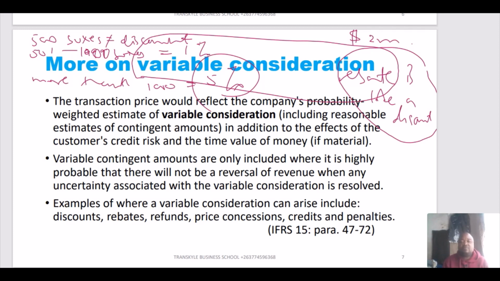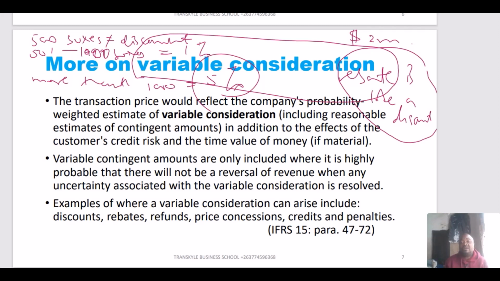Like for example, you need to first satisfy that you have bought 1000 boxes, and you paid. Then when you pay, the supplier might give you an incentive to say, okay, fine, you are a good customer, you have paid our money, we are going to return to you 500,000 bucks. So in that case, when the supplier is recognizing the revenue, he then has to deduct the rebate that has been given to the customer.